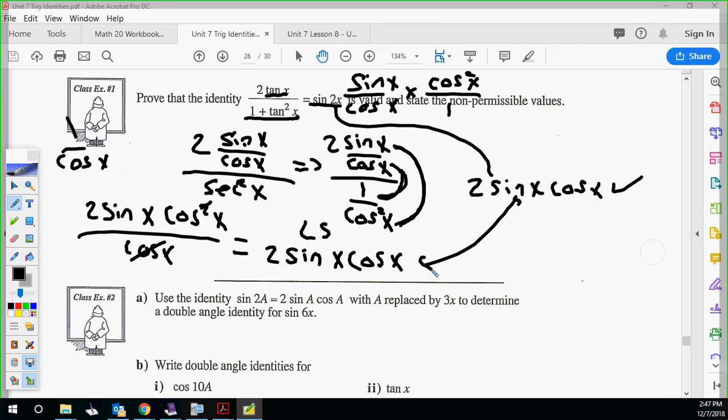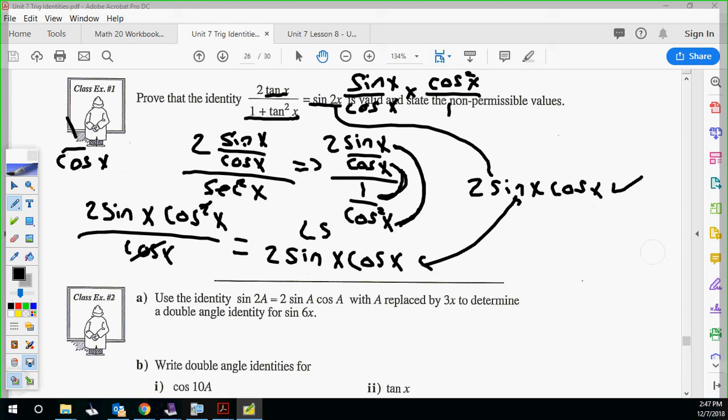Sine 2x is 2 sine x cos x, right there in the box, dear. Sine 2a says 2 sine a cos a. So there was really no math there either, just replacing it, right? It's all right. We're going to power through.